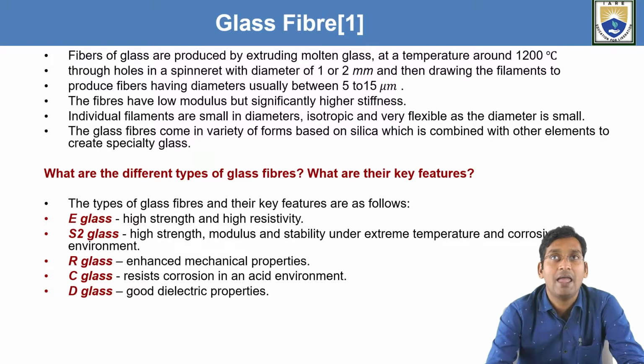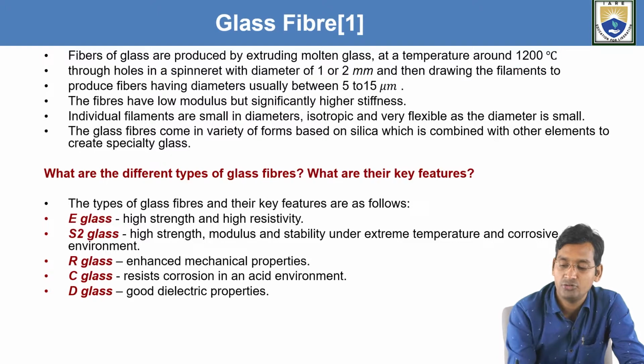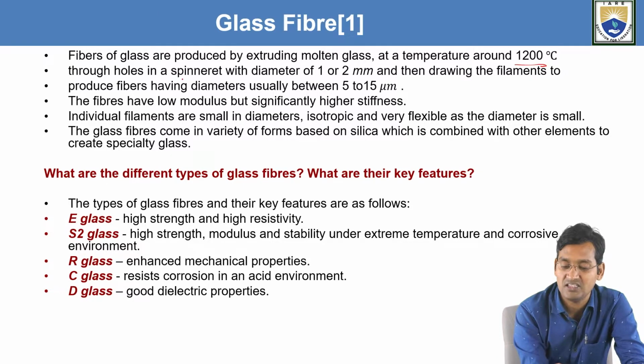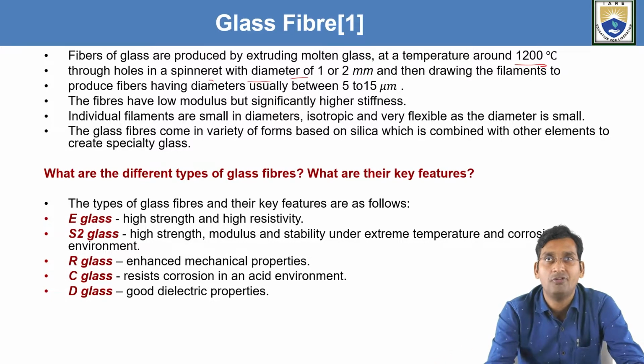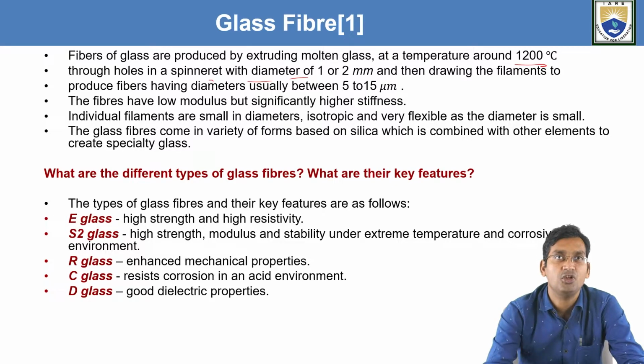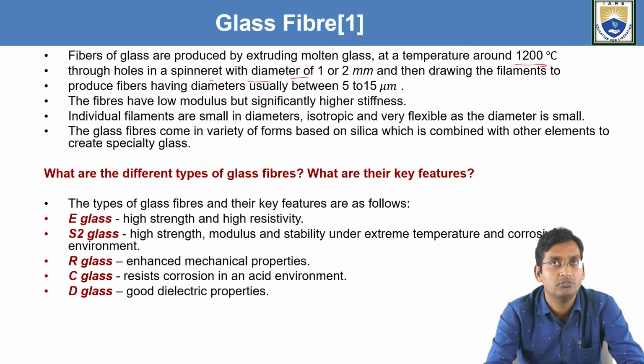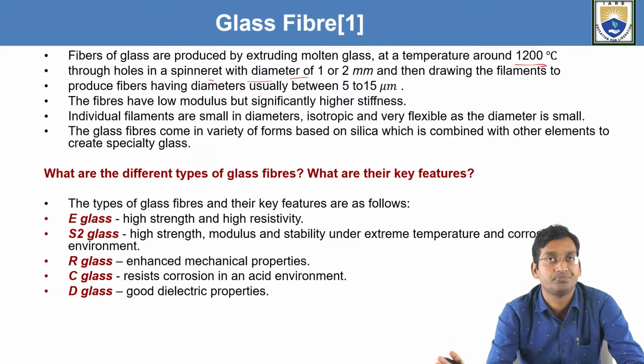So first, in the molten state at 1200 degrees Celsius, glass is extruded through the spinneret hole of 1 to 2 mm diameter, and after that the filament is converted into fiber. So from 1 to 2 mm it is converted to 5 to 15 micrometers.